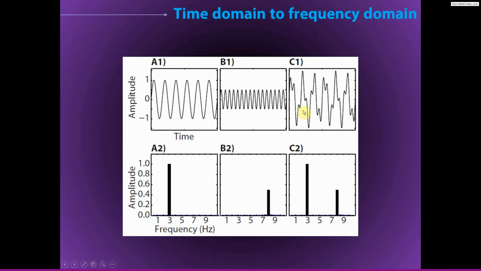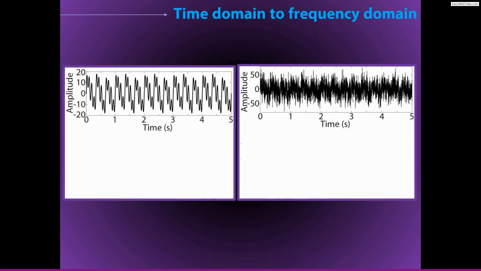Now the more sine waves we add together, the more complicated the time domain representation becomes, but the easier and more straightforward it becomes to visualize, quantify and understand the components in the frequency domain.